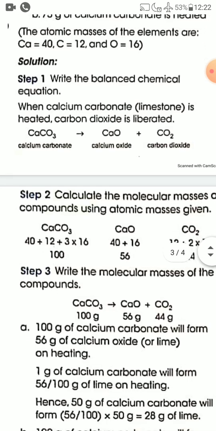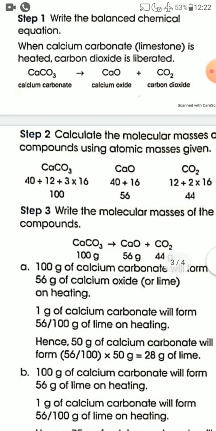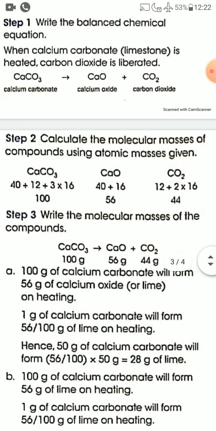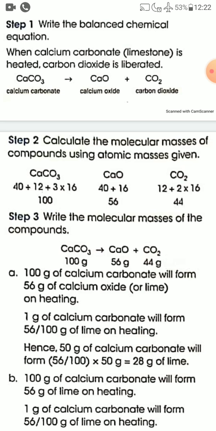And in the second step, you have to calculate the molecular masses of the compounds using the atomic masses given. So the molecular mass of CaCO3 is Ca 40 plus C 12 plus 3 into 16, because the atomic mass of oxygen is 16.